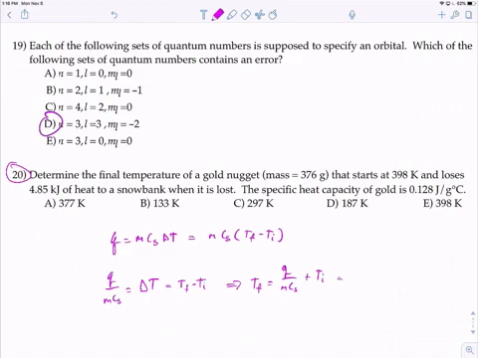So Q is 4850 joules. Mass is 376 grams. Specific heat capacity 0.128 joules per gram degree Celsius. Plus, it's the other way. Oh well.